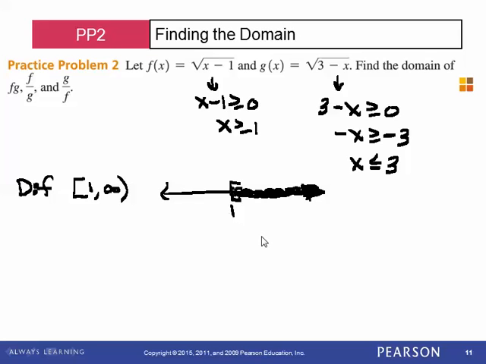Graph-wise, it kind of looks like this. Starting at 1 with a bracket. And again, the graphs are really mostly for you guys to sort of help you visualize the answer here.